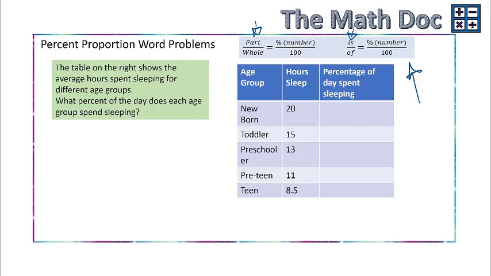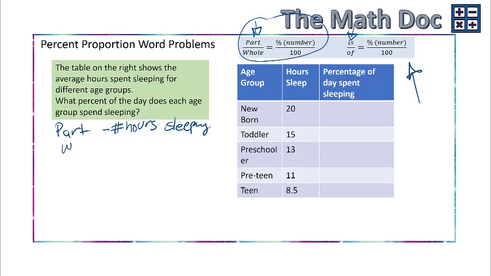So let's first identify, in this formula here, what our part and whole are. What percent of the day does each age group spend sleeping? The part of the ratio is just the number of hours sleeping, right?